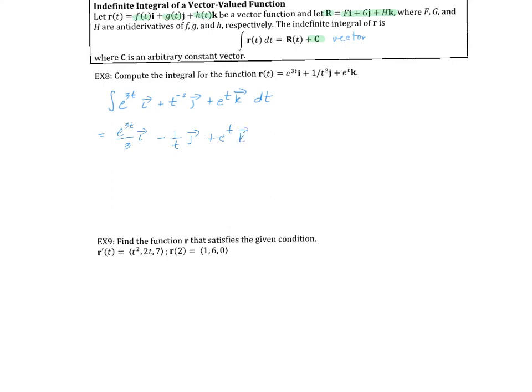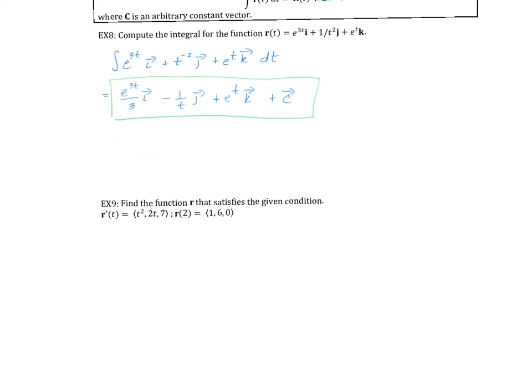And since this is an indefinite integral, I have to add my vector constant c. Remember, c is a vector. Now let's say that you're writing this in terms of vector brackets. That's fine. You could write this as e to the 3t over 3, comma, negative 1 over t, comma, e to the t. If you do, the constant vector is on the outside of the vector brackets.